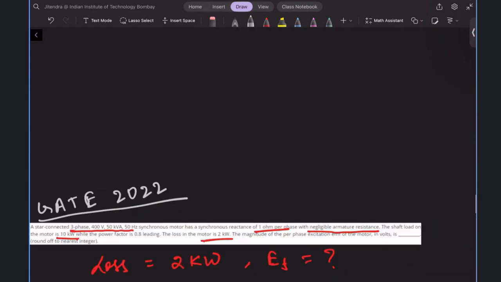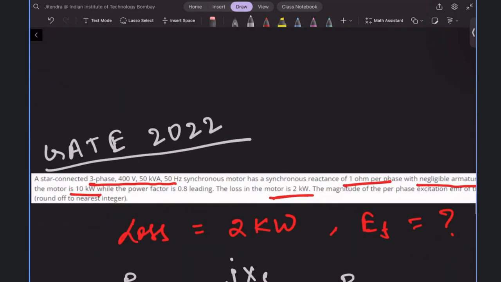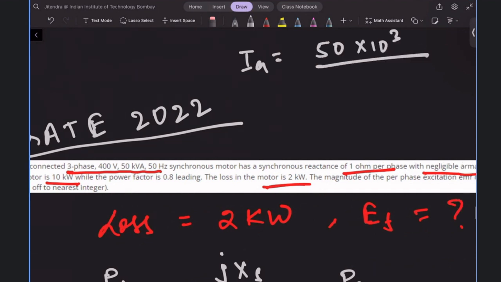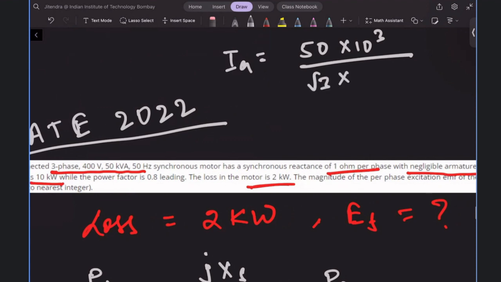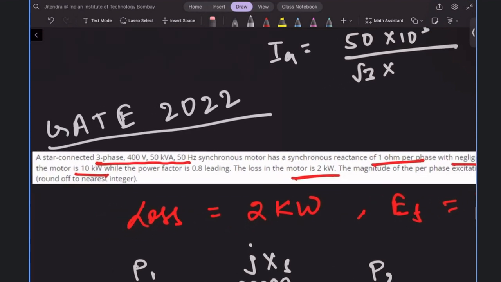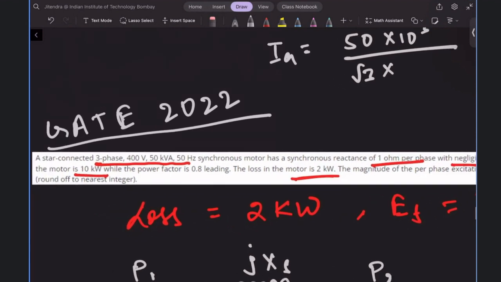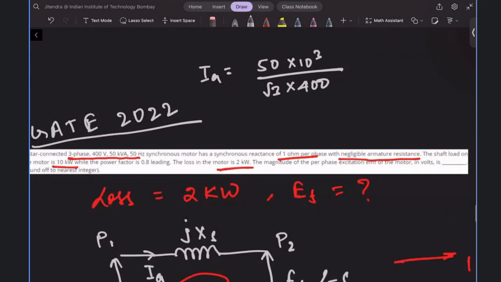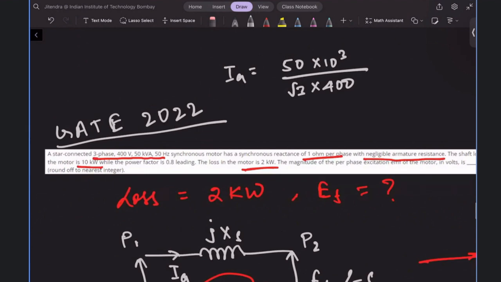So since we are given the rating of 50 kVA and 400 volts, and it is star connected, so IA you can directly calculate root 3 into root 3 400 volt. So this is the approach, right?